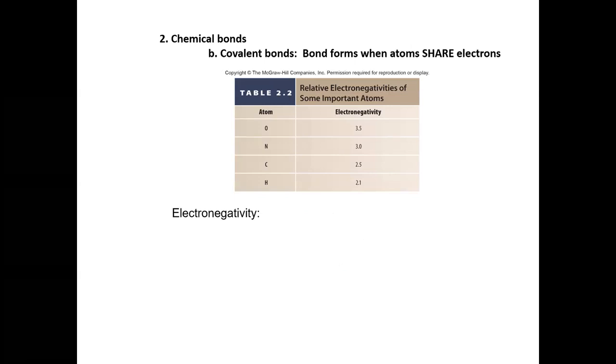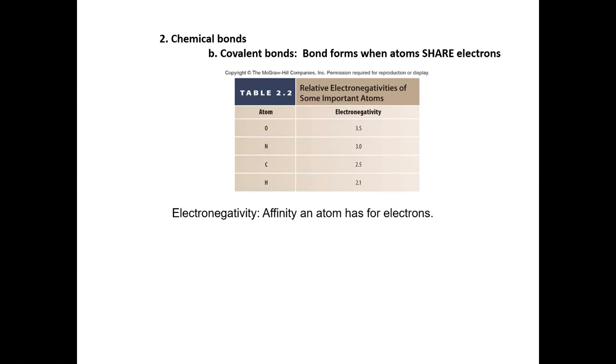Now, what actually determines how much time the electrons tend to spend around a particular atom? That property is called electronegativity. You probably read about that. Electronegativity is simply defined as the affinity that an atom has for electrons. How strongly does this atom attract electrons?